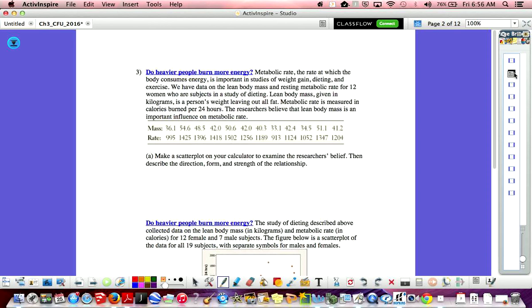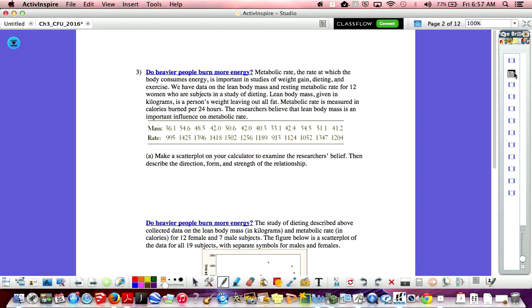Lean body mass given in kilograms is a person's weight, leaving out all fat. Metabolic rate is measured in calories burned per 24 hours. The researchers believe that lean body mass is an important influence on metabolic rate. So A says, make a scatter plot on your calculator to examine the researchers' belief. Then describe the direction, form, and strength of the relationship.